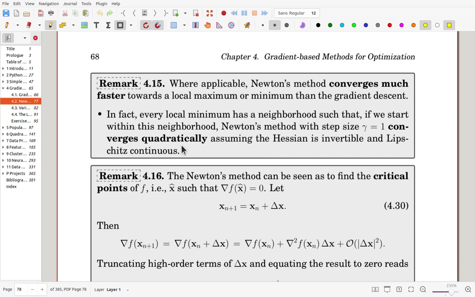So once the iterate is near the local minimum, it's converging very rapidly.